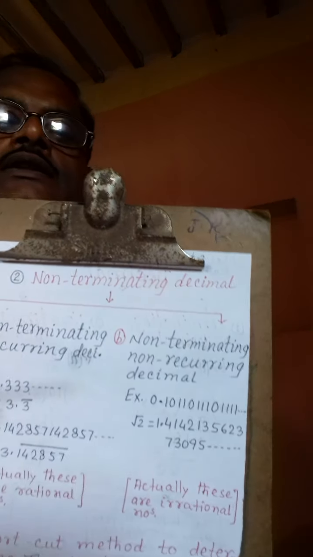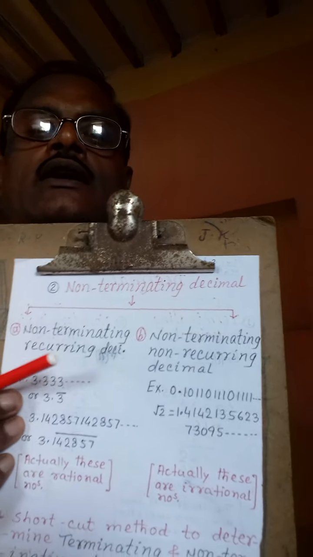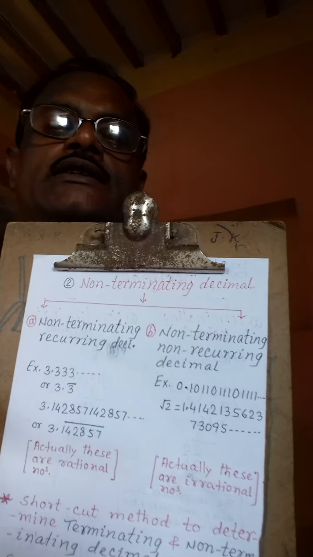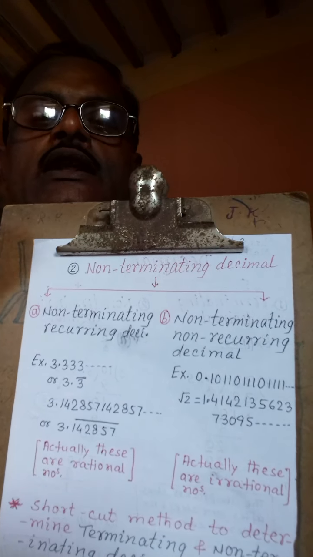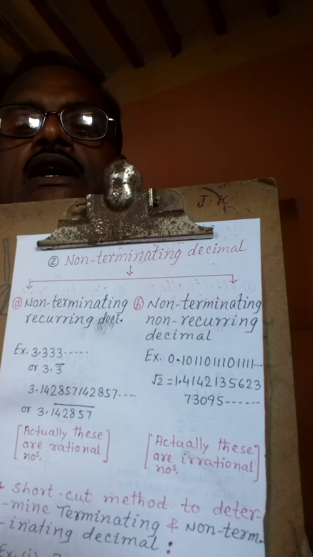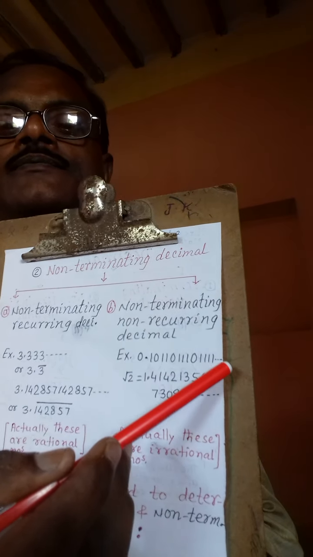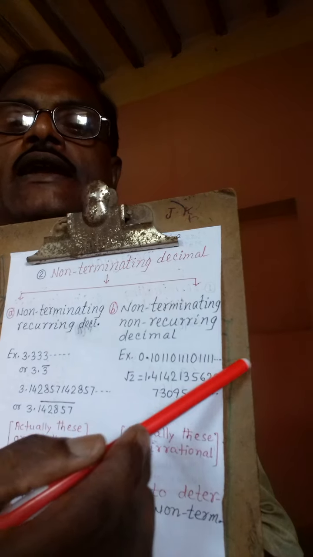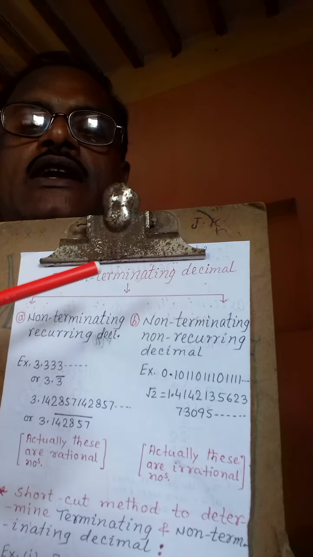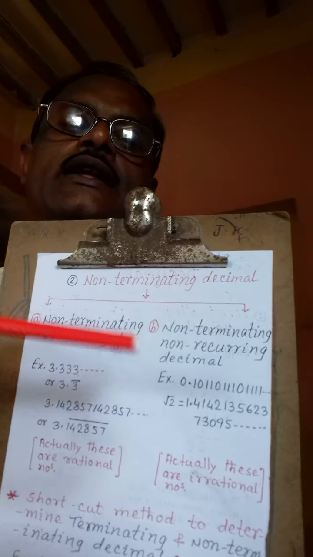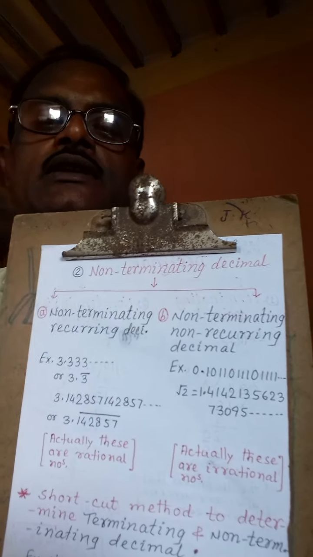In this example, you are watching neither a single digit nor a group of digits repeat here, but these go on infinitely. So it is called non-terminating, non-recurring or non-repeating decimal.